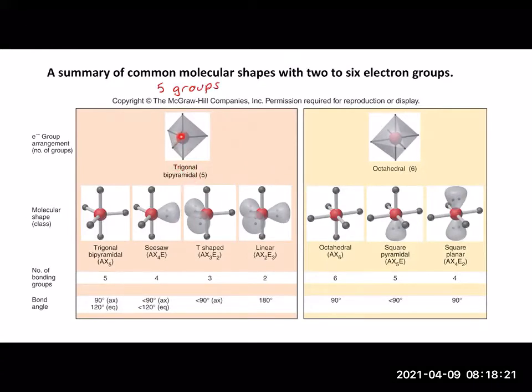You can kind of see we have our central atom, 3 atoms are in the same plane making a triangle, and then I have another atom on top and another atom on bottom. This is the most stable configuration for when we have 5 groups attached. It makes a triangle around the central plane, and then it turns into a pyramid on the top and a pyramid on the bottom.